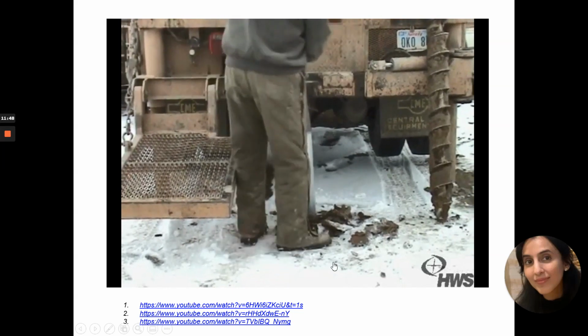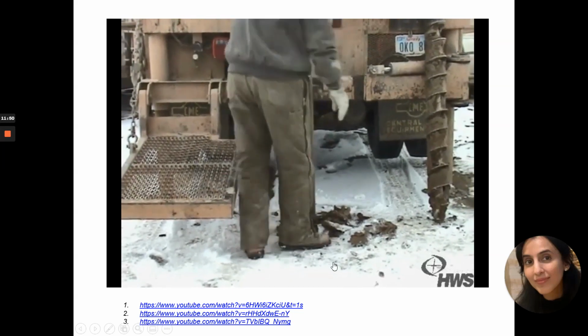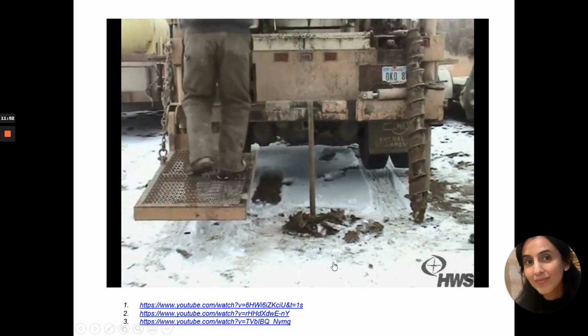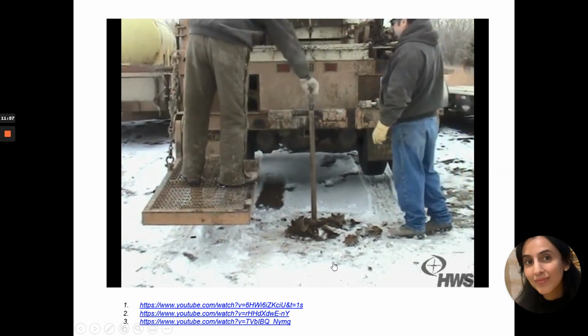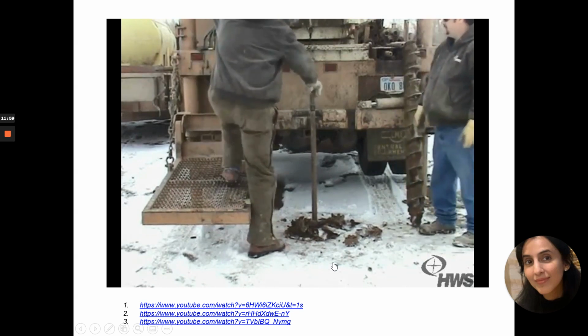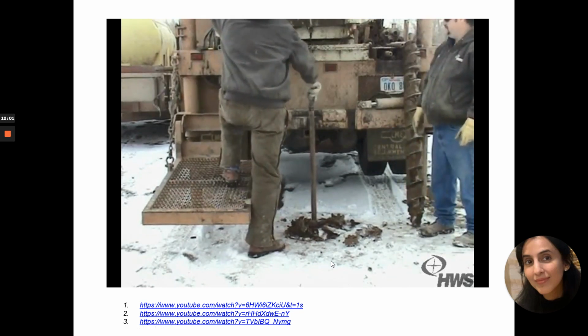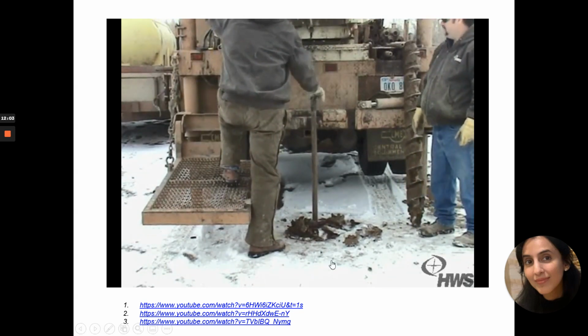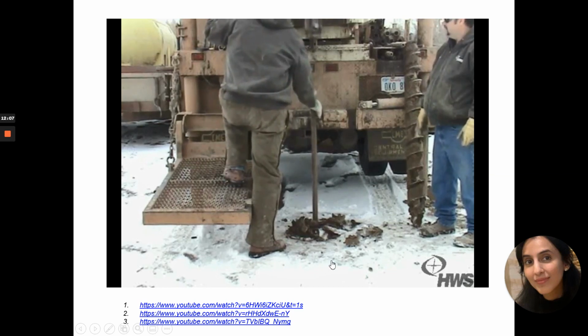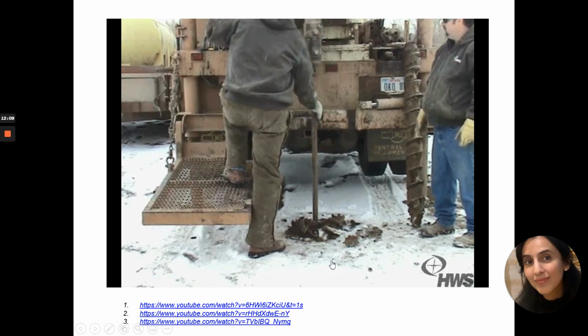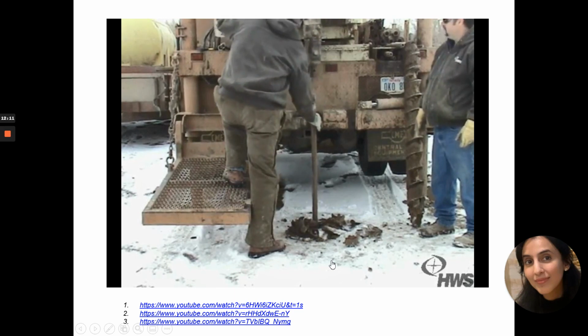Okay, so that's the sampler. They have taken out the first bit and now they are doing for the second bit. So they've inserted the sampler in the hole and they put the screw on top of the rod of the sampler, and they're going to connect the push hydraulic machine on the head.